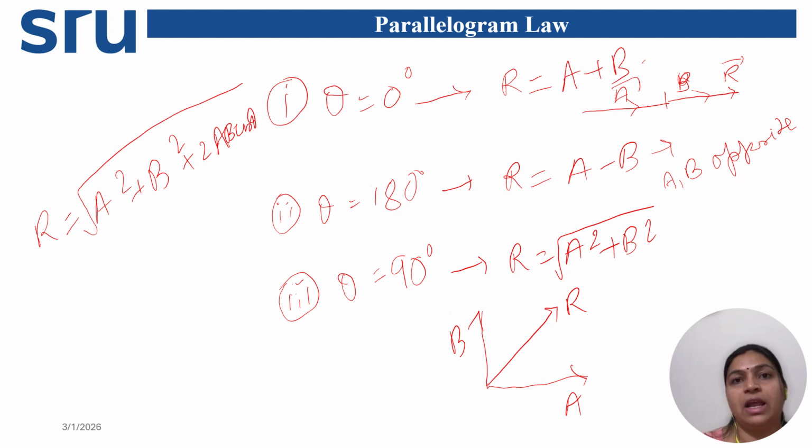It can be used to solve two concurrent forces acting at a point, and this law states that if the forces are represented in magnitude and direction by two adjacent sides of a parallelogram, then the resultant can be found from the diagonal of the parallelogram starting from the same point.